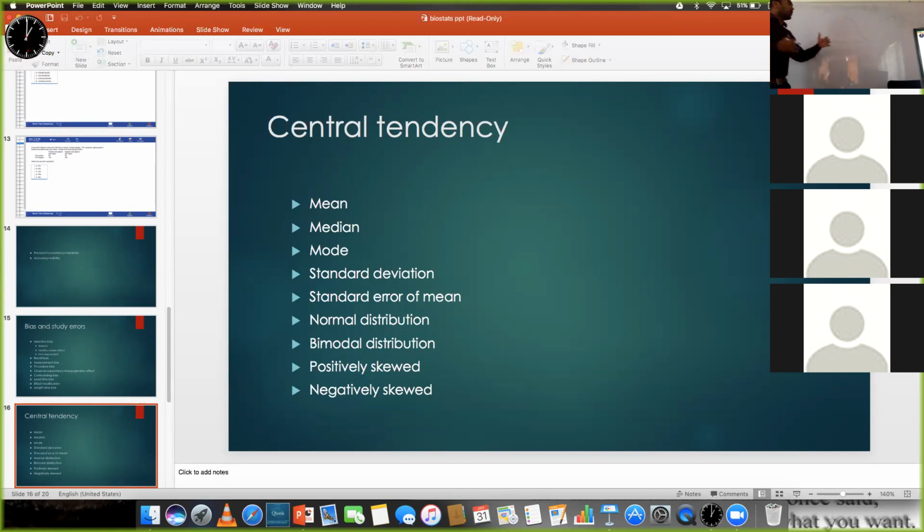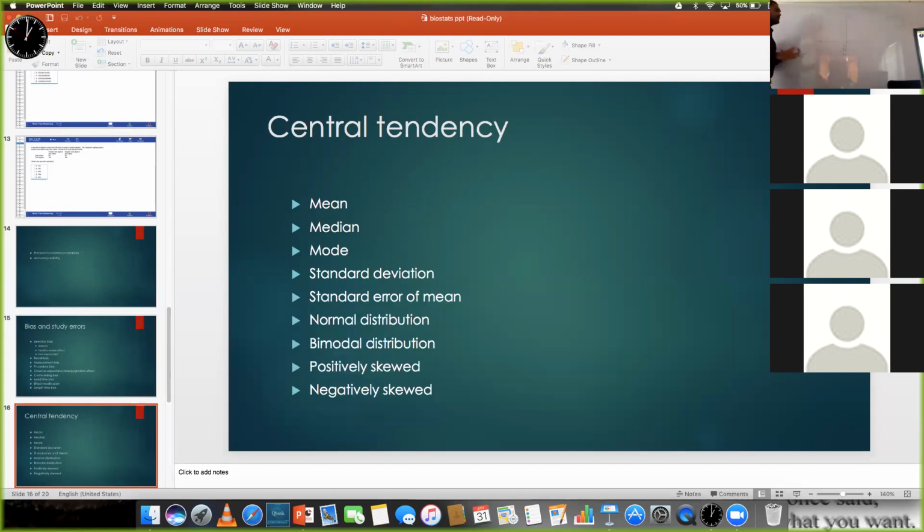All of these follow this normal distribution curve. Here, the centralmost one, the middlemost one, will be the mean, the median, and the mode. Why is it the mode? Because this value is what is most commonly repeated.